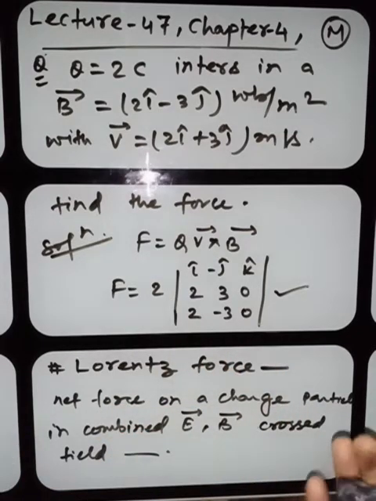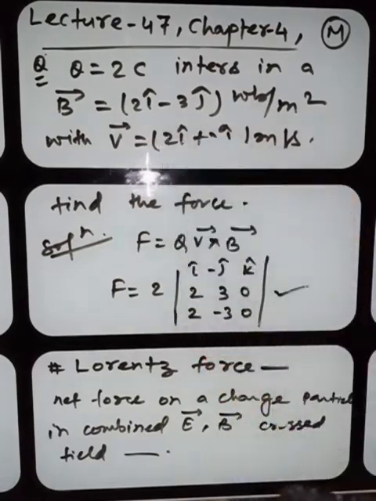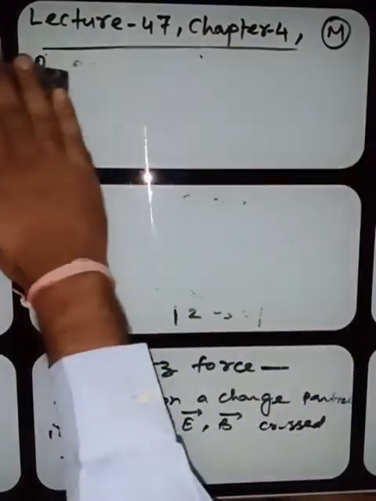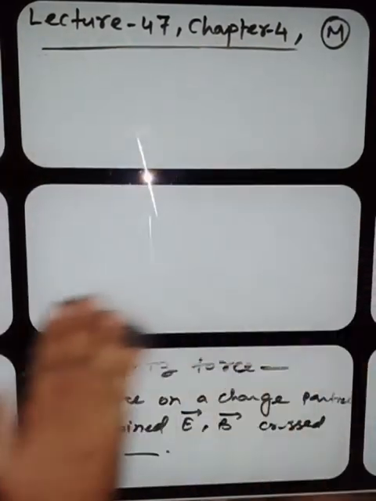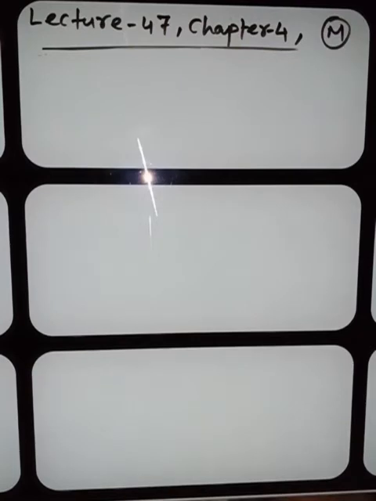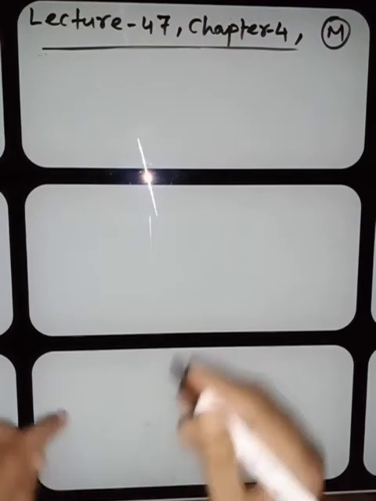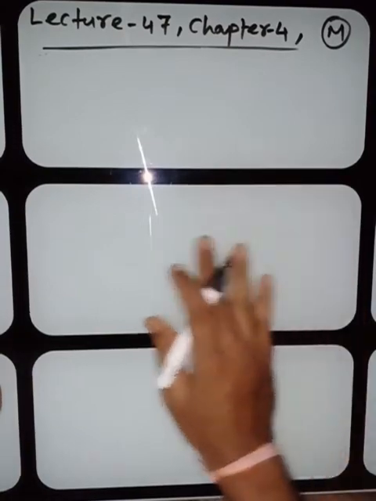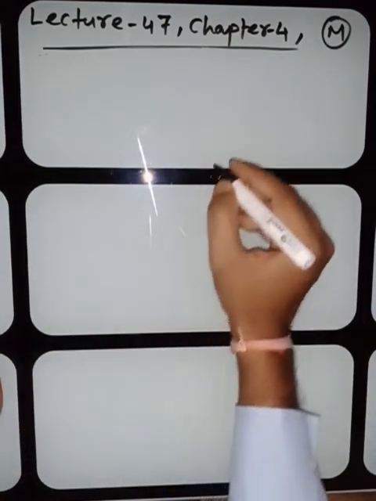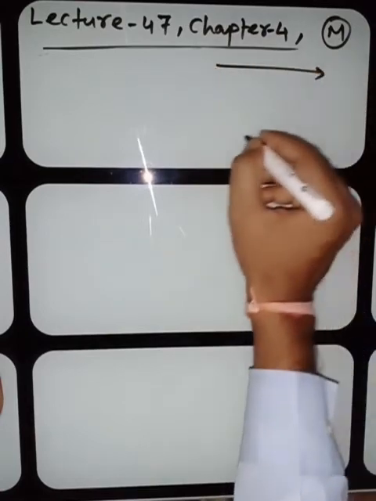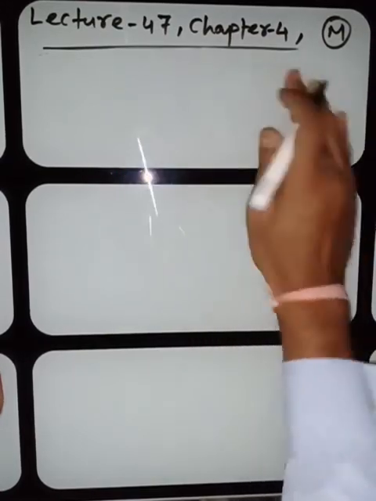Now we'll see the Lorentz force and what the application of that force is. Can you note down the definition? When we talk about the Lorentz force, it has a number of great applications. Look here.